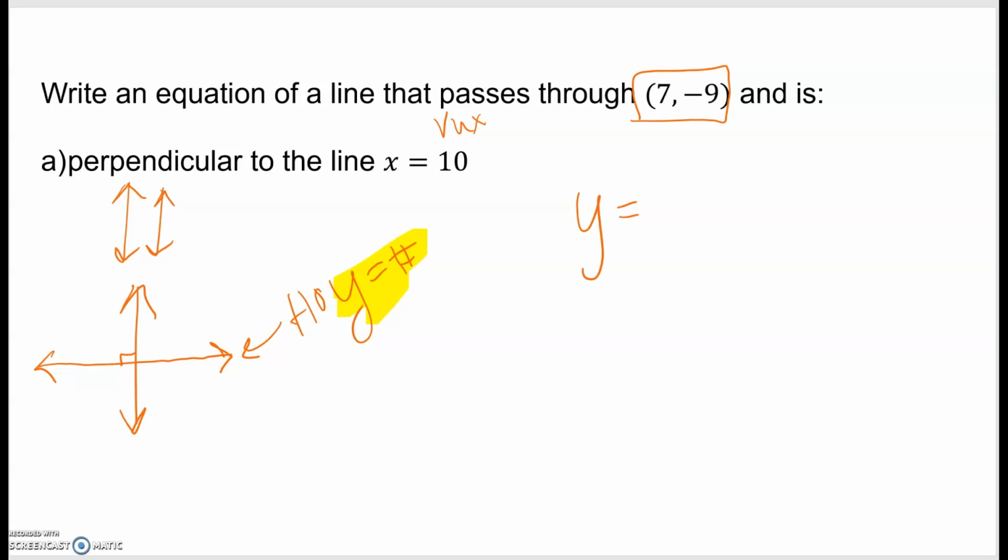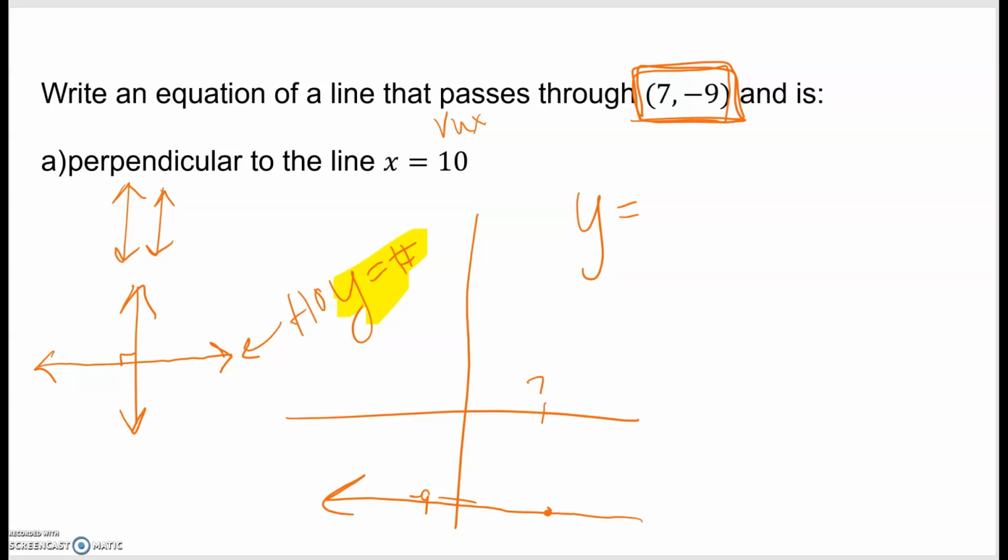But I know that my line has to go through the point (7, -9). If I were to put that on a graph, (7, -9) would be way down here: -9 and then over 7. So what would be the equation of the line that would go through that point? Think about your y's.